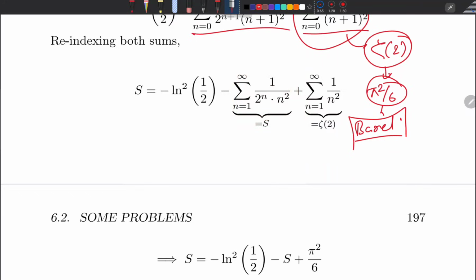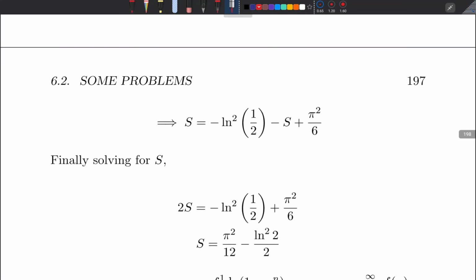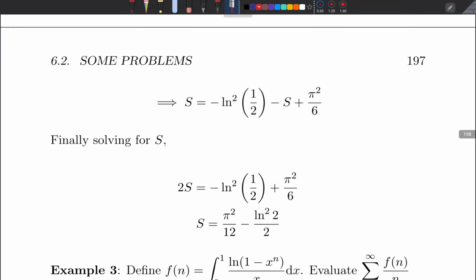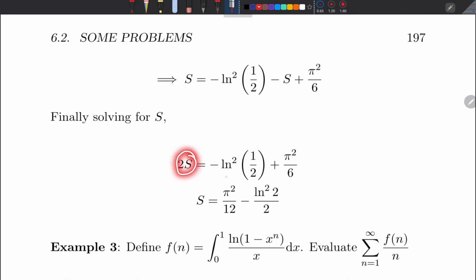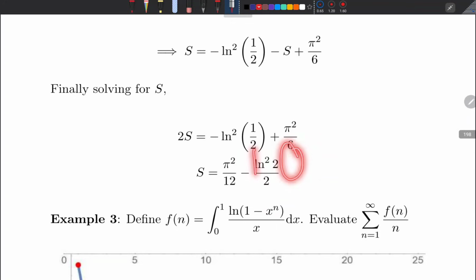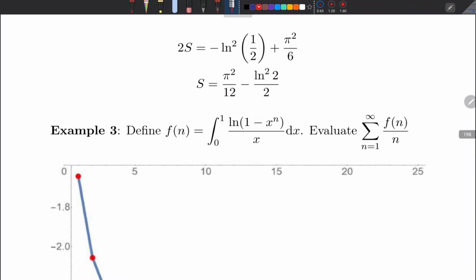Oh my goodness, just take a look at the beauty of this sum. From here we have 2S as minus natural logarithm squared of 1/2 plus pi squared over 6, and we can isolate S as pi squared over 12 minus natural logarithm squared of 2 over 2.